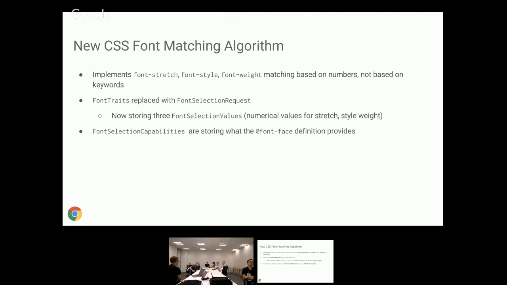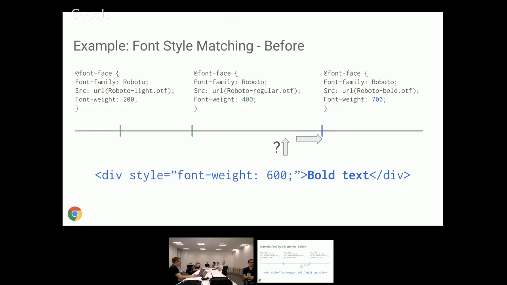Font traits used to store these stretch, style, and weight as fixed values in a very compressed form. This has been replaced with font selection request, which now stores three font selection values. These are the numerical values for stretch, style, and weight. And font selection capabilities is storing what is declared and available in the font face.